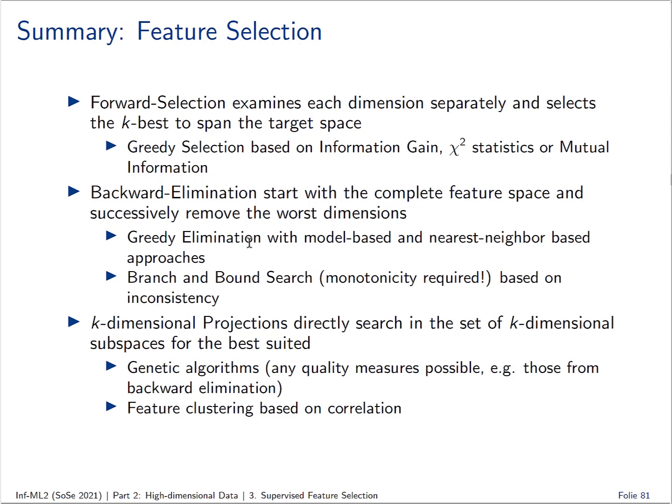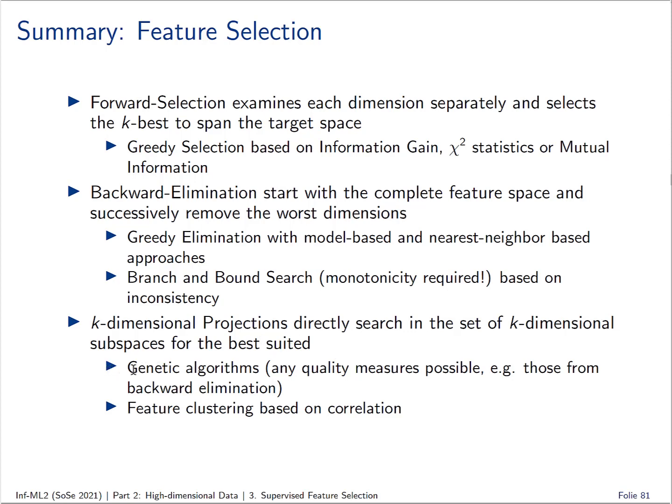So greedy elimination is again a heuristic. Branch and bound is actually a search method which gives you the optimal fit. And last but not least, we had these subspace projections, these k-dimensional projections. That is a kind of direct search in the set of k-dimensional subspaces for the best one.